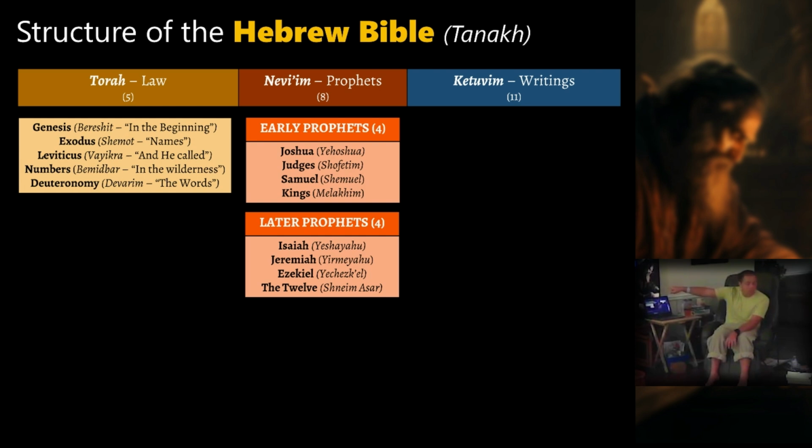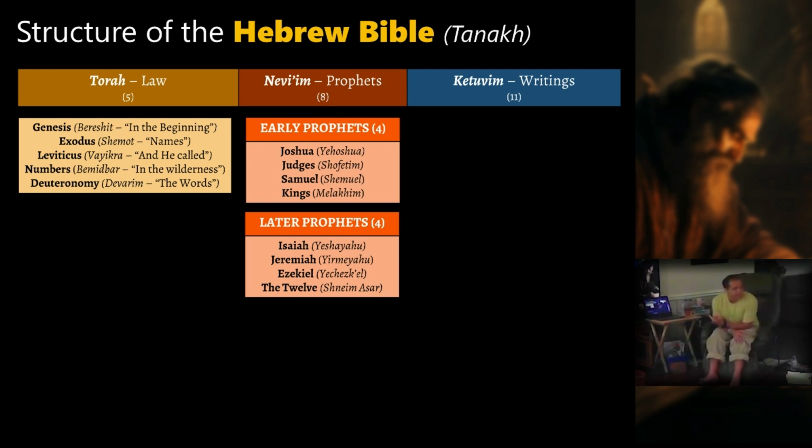Instead, and they don't even put the books of poetry here, right? Because then we usually go to Job, Psalms, Proverbs, Ecclesiastes, Song of Solomon. Those aren't here either, right? Instead, what they do is they go straight from Kings into Isaiah, right? Which we usually reserve for the end of the Old Testament.